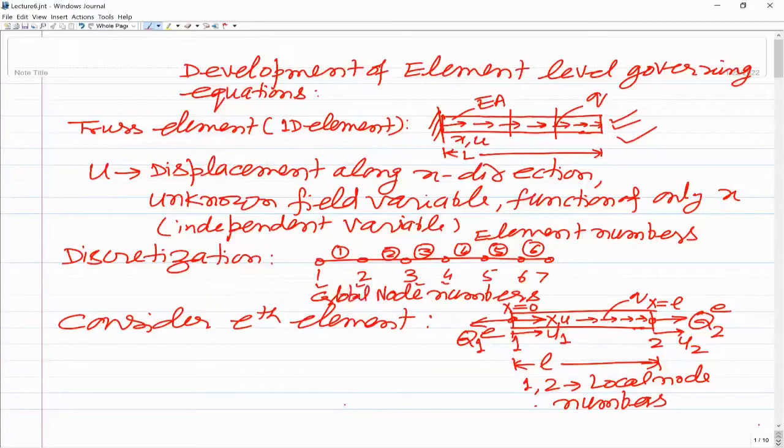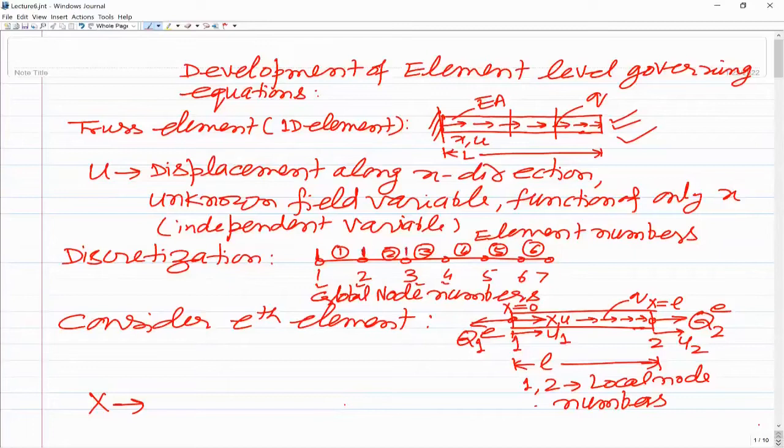And if you look at the capital X, what I have used here is, the small x was the global coordinate having origin at the left end of the problem, and capital X is the local coordinate system having origin at the left end of one particular element. So for element 1, if you take this discretization, the origin of capital X would be here. For element 2, the origin would be here.